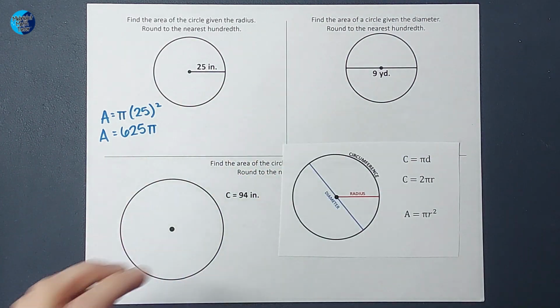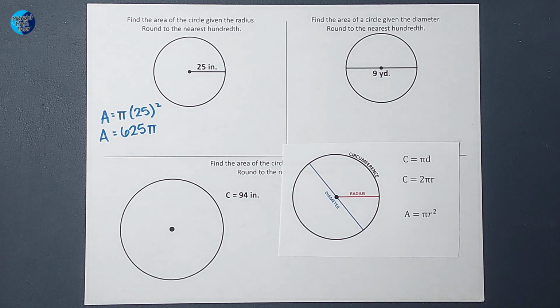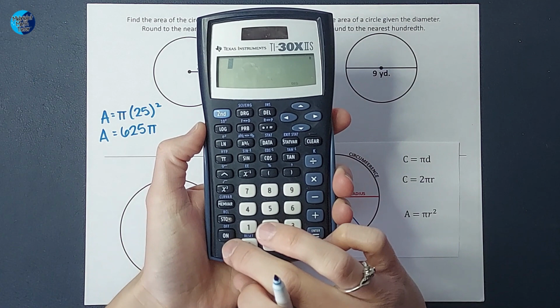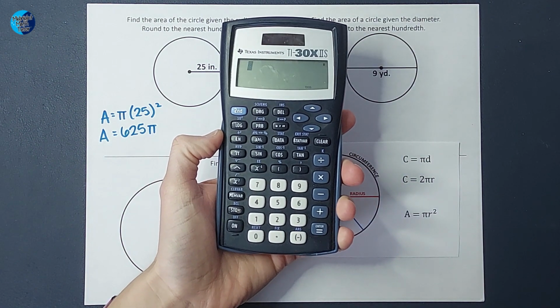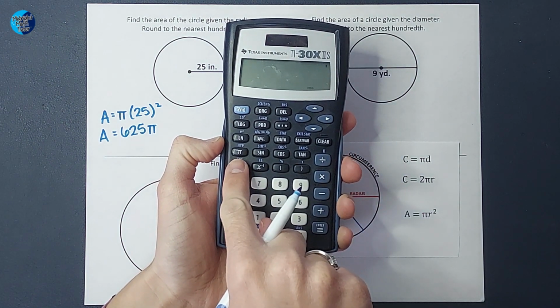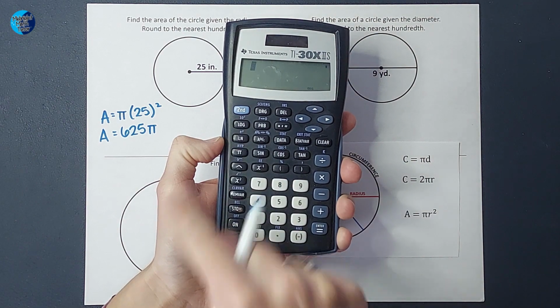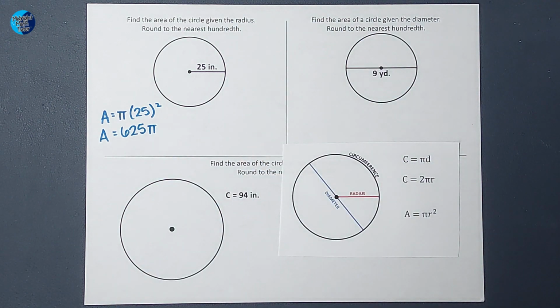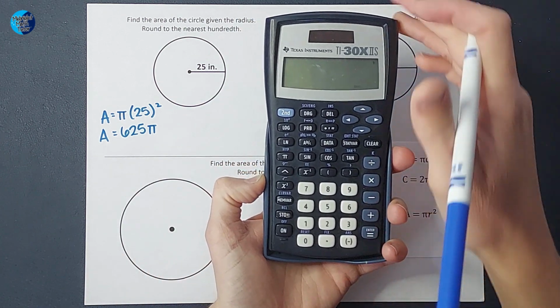Now this one asks us to round to the nearest hundredth, so we are going to multiply it. There's kind of two options, and again, your teacher will probably tell you what they want. There is a pi button on your calculator that you can use, or some teachers may say, use 3.14 for pi. So whatever your teacher says, go ahead and do it that way.